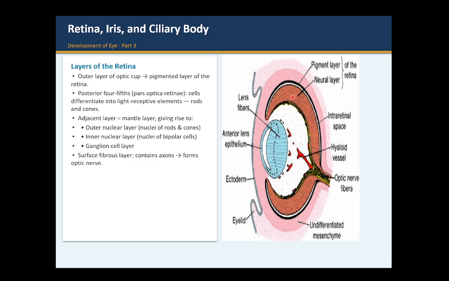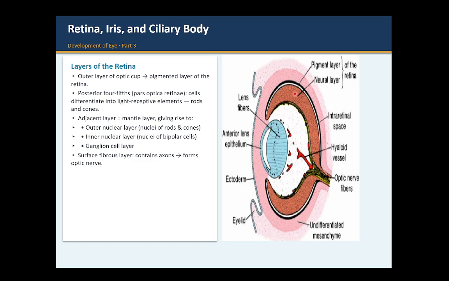The adjacent mantle layer is going to give rise to the neural part of the retina, which is the bipolar cells, the outer and inner layers of the retina. They are all going to give rise to the neural retina. And that's why you see the gap between the pigment epithelium and the neural epithelium, and that's where retinal detachment happens.